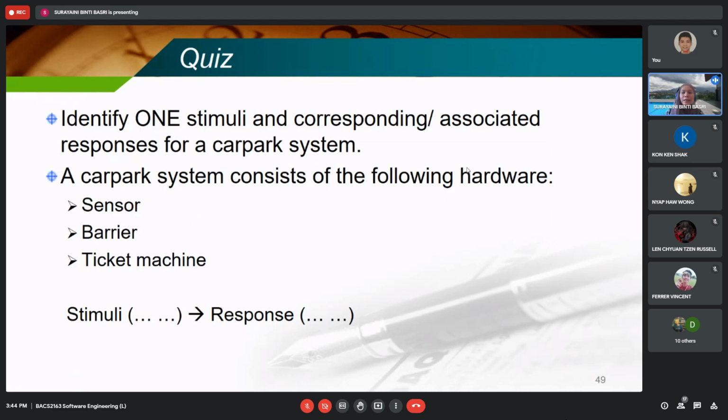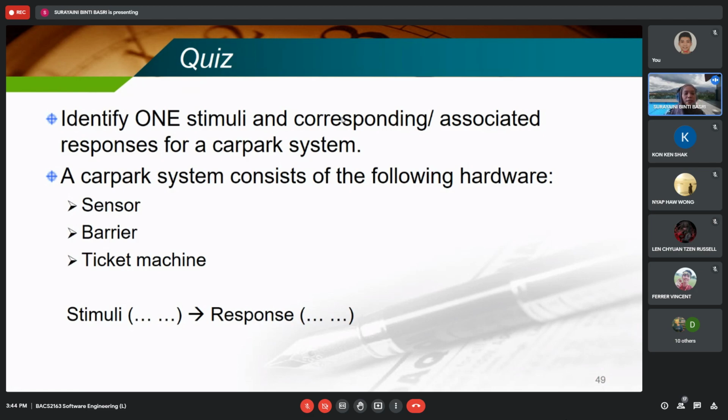This is a popular example of a question for this real-time system. You need to be able to think about what the stimuli and responses are when you are given some type of system. For example here, it asks about one stimulus and the corresponding responses for a car park system.